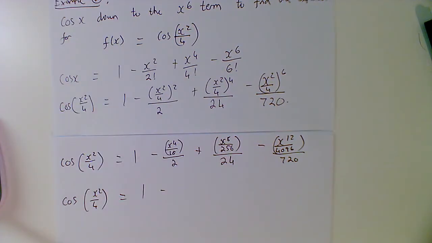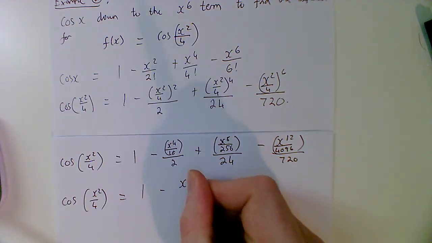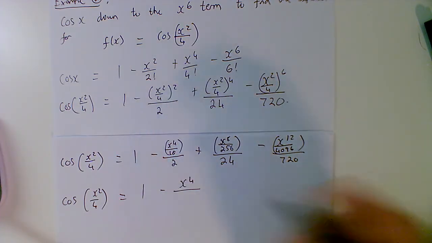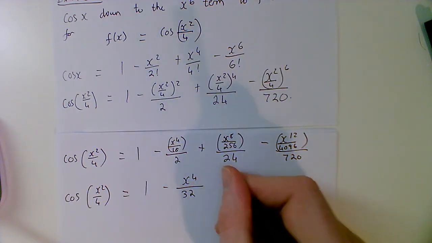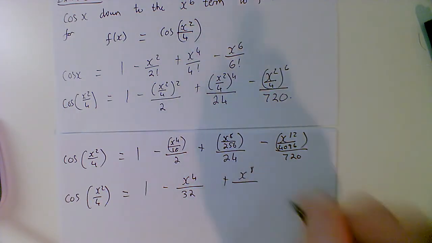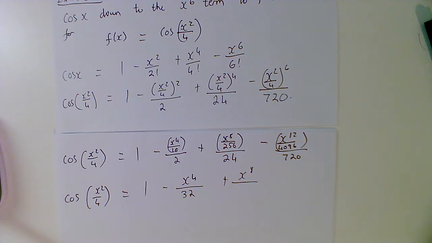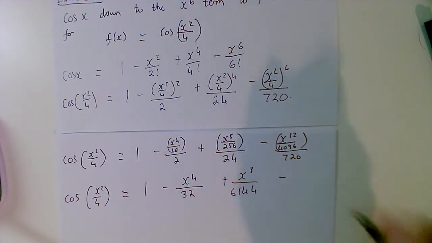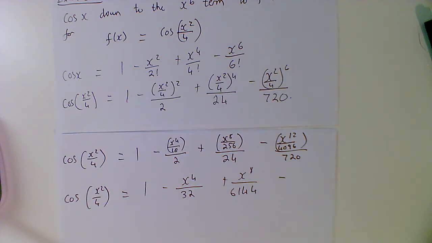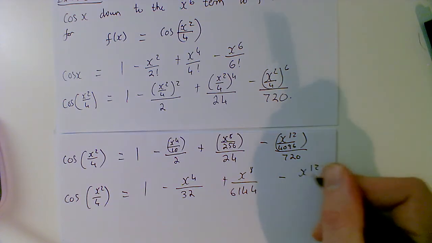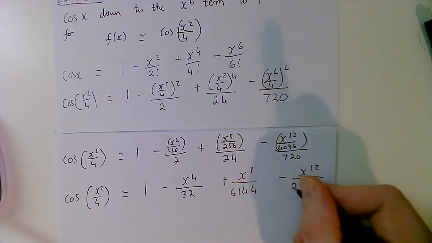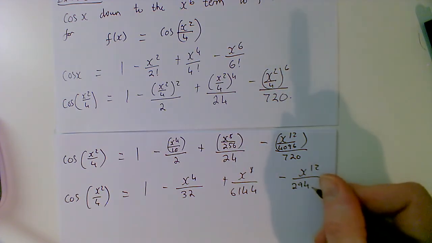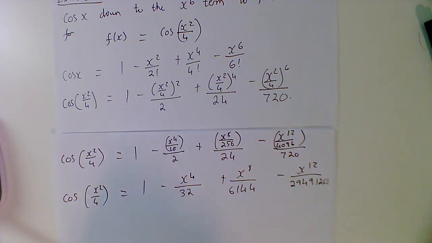Right, so 16, oh no, that is. And remember that 16 joins the 2 in the bottom, so that's going to be 32. Six, 1, 4, 4. That's x to the power of 12 over 2949120.